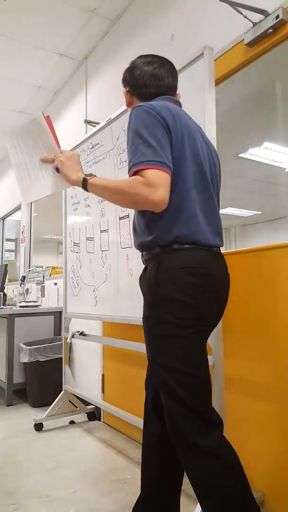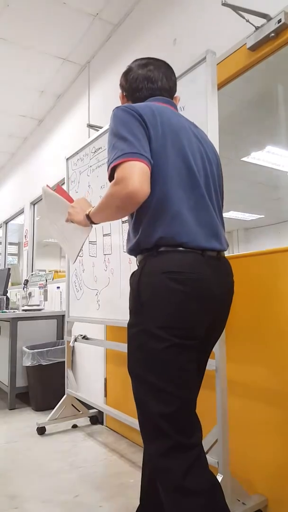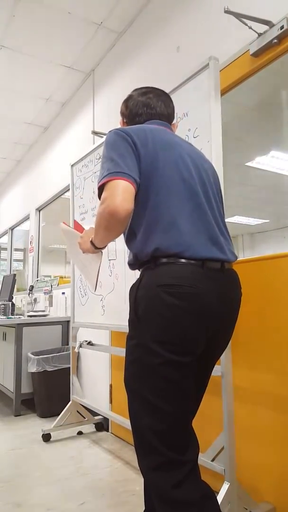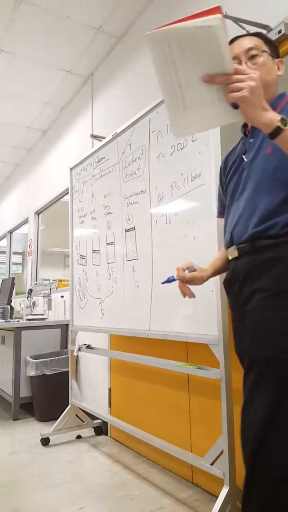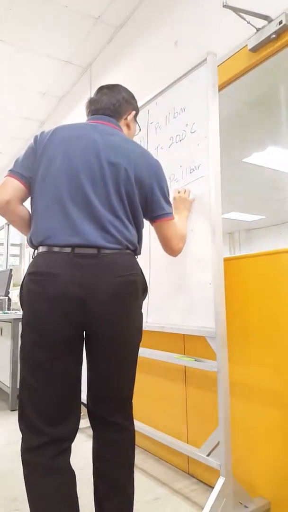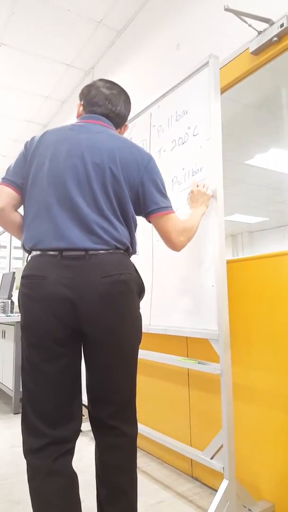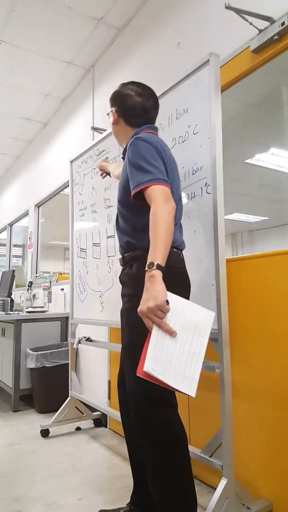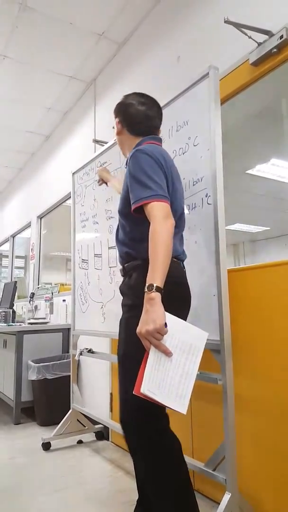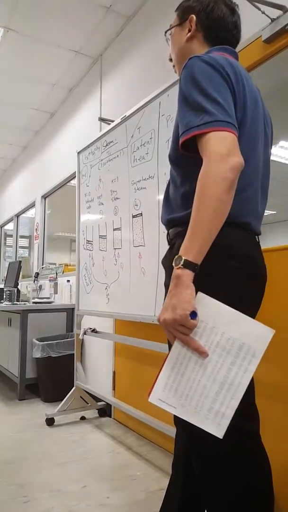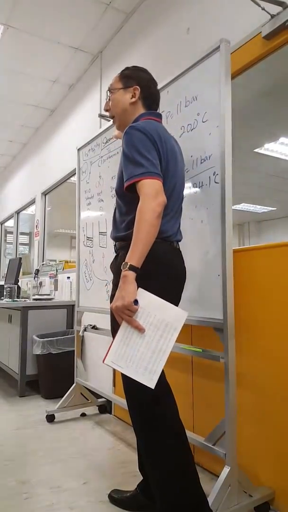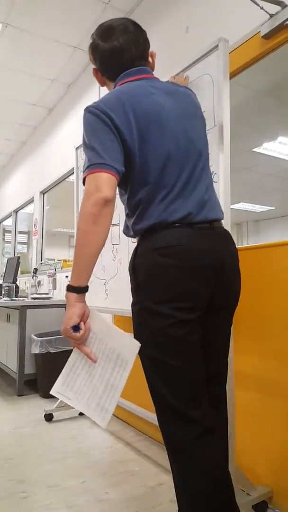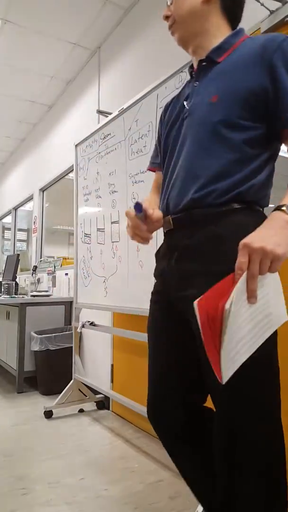At P equals 11 bar, what should be the TS? 184.1 degrees C, right? So the TS is 184.1. But now the temperature is 200. You notice that the temperature is higher than this, right? So this steam heated at this temperature is at stage 4, superheated steam.